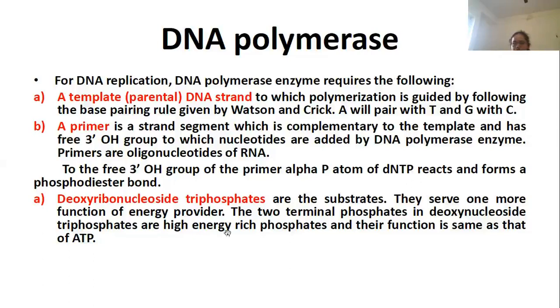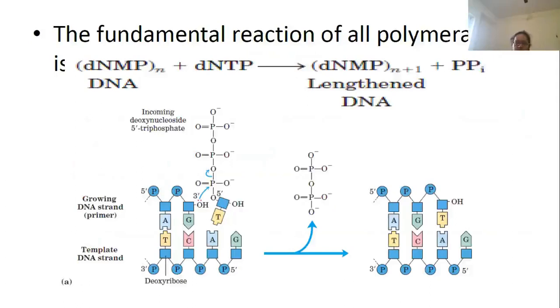Deoxyribonucleoside triphosphates will act as the substrate, because there should be nucleotides in the cell. If these nucleotides are not there, then how would the complementary DNA strand be synthesized? So this polymerase will need the following things: template, primer, and deoxyribonucleoside triphosphate.